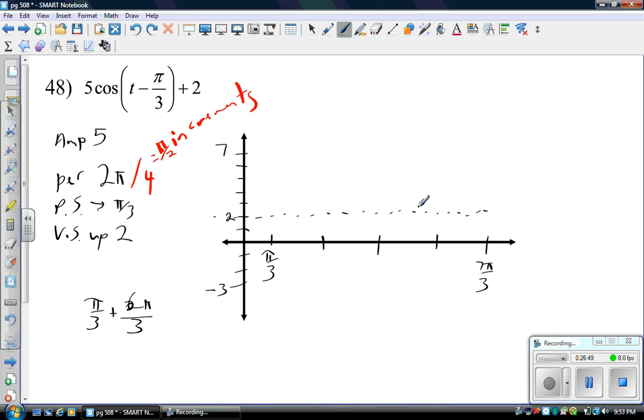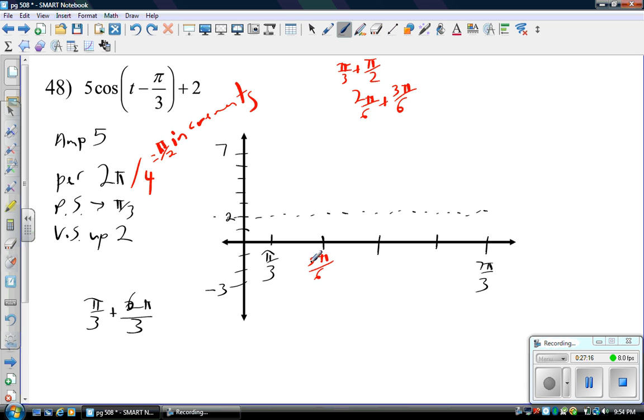So you've got to think, we'll just do this up here. If I had pi over 3 plus pi over 2, common denominators would be 6, so that'd be 2 pi over 6 plus 3 pi over 6. So my next increment would be 5 pi over 6.